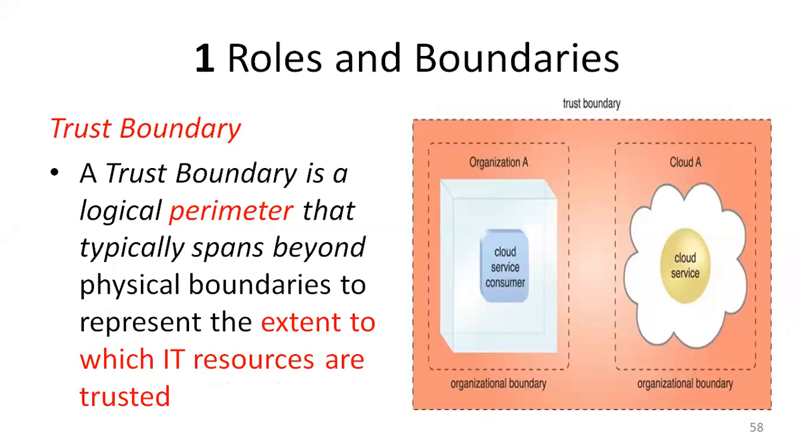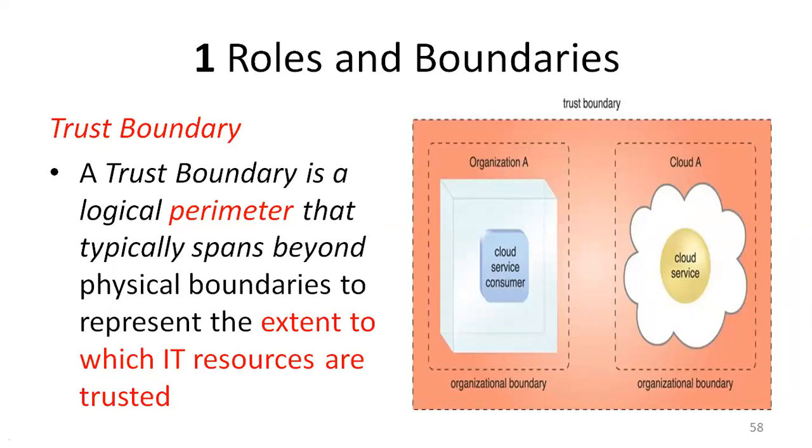Coming to the trust boundary. The trust boundary also represents a perimeter. There is an outside boundary, which we call the trust boundary. Inside it are the organizational boundaries, the individual consumer boundary and the provider boundary.